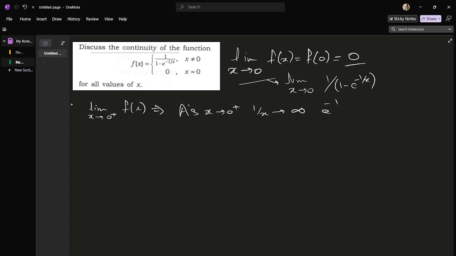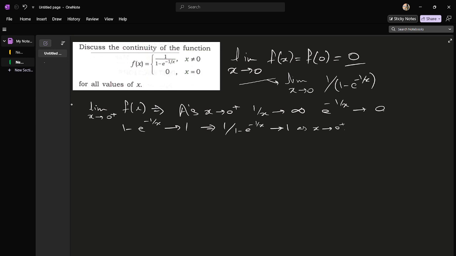So e to the power minus 1 by x will go to 0. Then 1 minus e to the power minus 1 by x will go to 1, and this tells us 1 by 1 minus e to the power minus 1 by x will go to 1 as x tends to 0 plus.